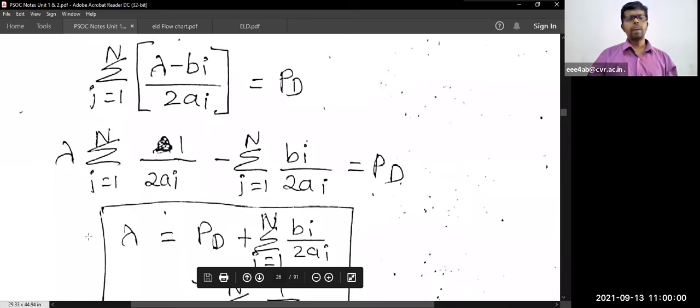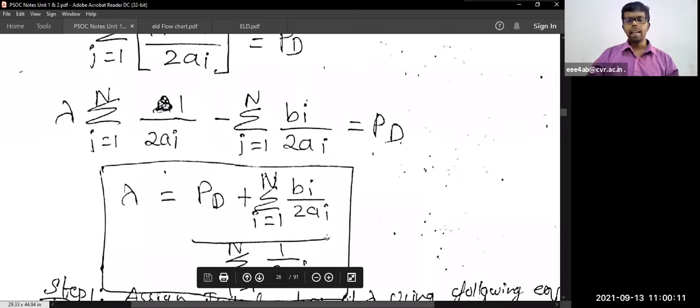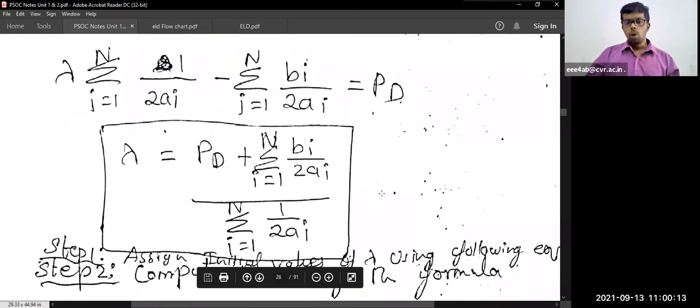So lambda is equal to PD, that is demand, PD plus summation I equal to 1 to n of bi divided by 2ai, the whole divided by summation I equal to 1 to n of 1 divided by 2ai.